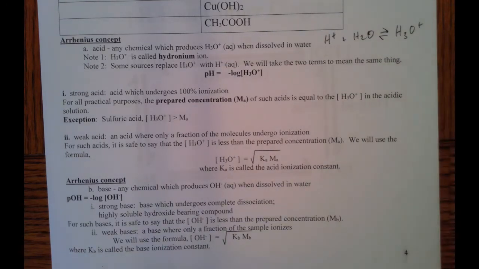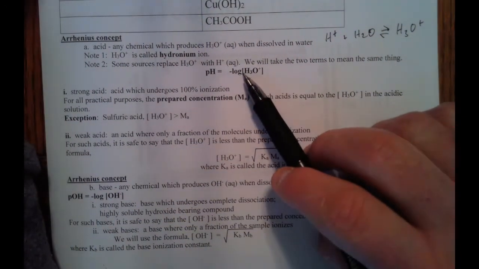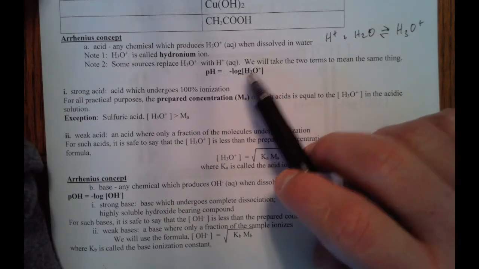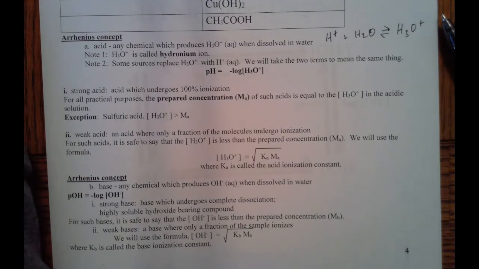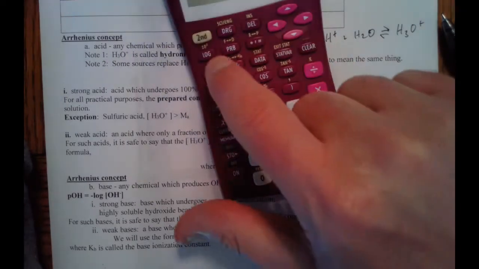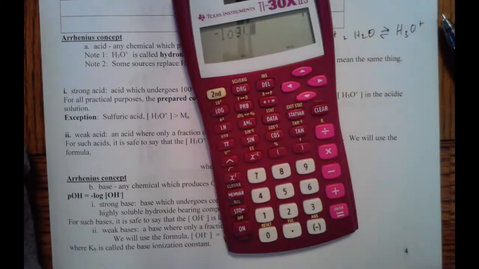To find the pH of a substance, you take the concentration, and remember these brackets mean concentration, of H3O plus, and you take the negative log of it. If you've got your calculators, here is the log button. Let's say we're dealing with HCl at a concentration of 1.5 molar.